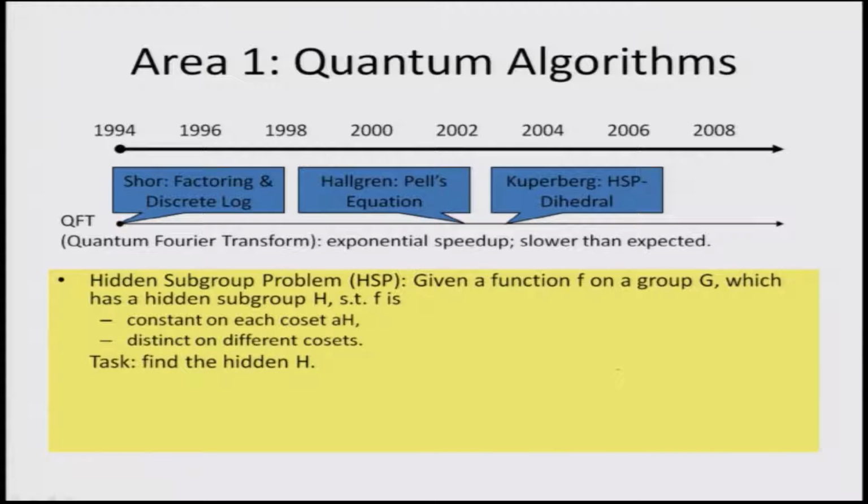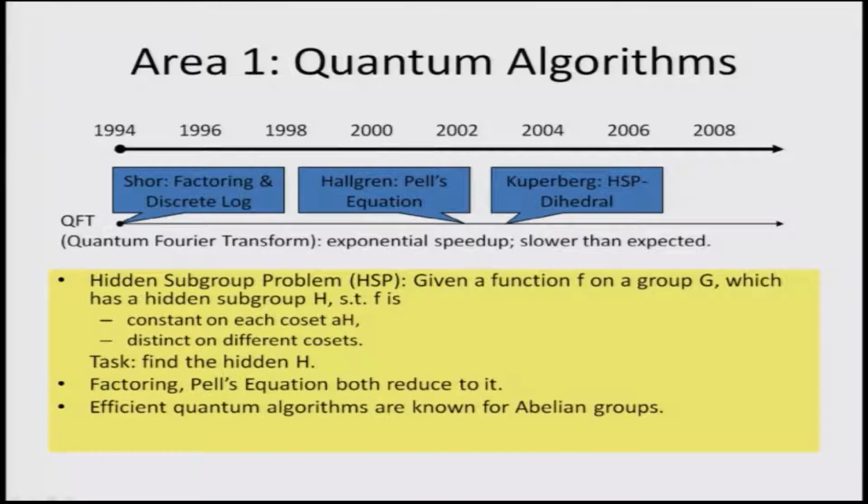There have also been some more developments in terms of the hidden subgroup problem. Given a function f on a group G which has a hidden subgroup H, the function f is constant on each coset aH and distinct on different cosets.